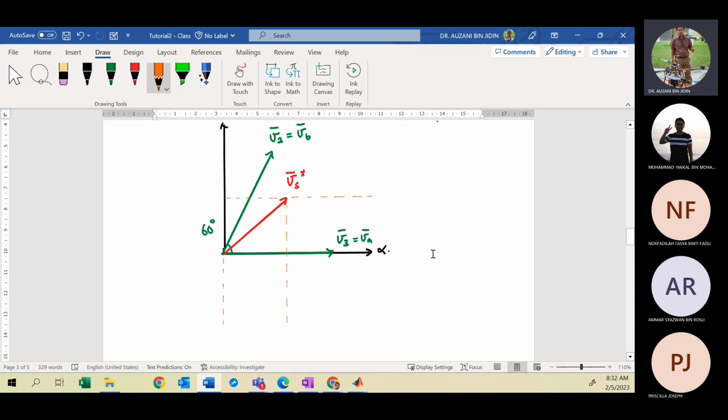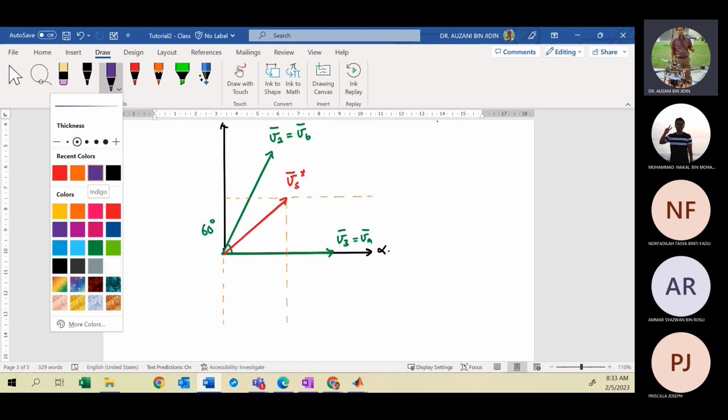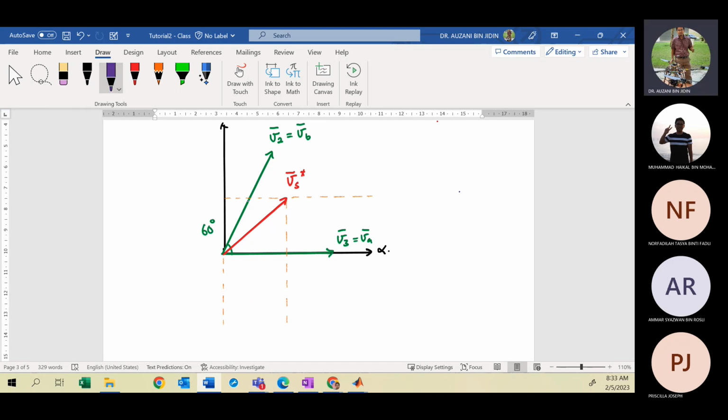The vectors involved to produce the resultant vector Vs are, first, here maybe I use blue color, this vector. This component vector is V2, right?